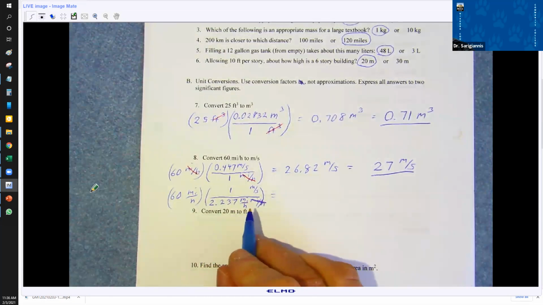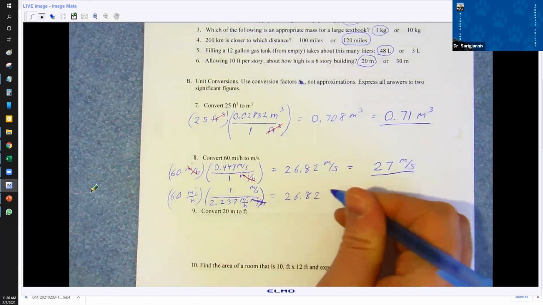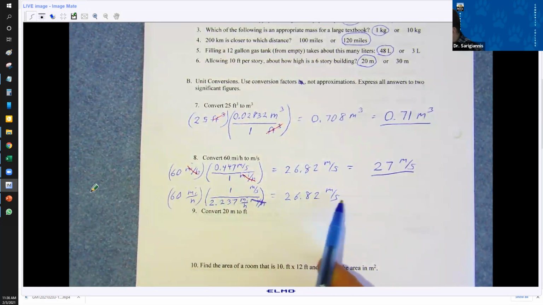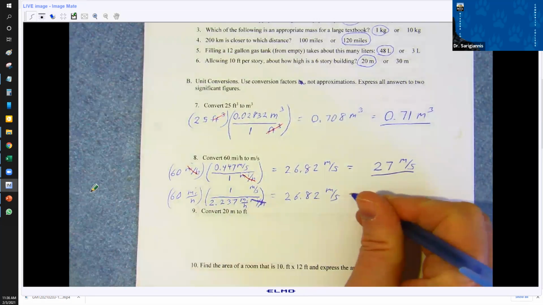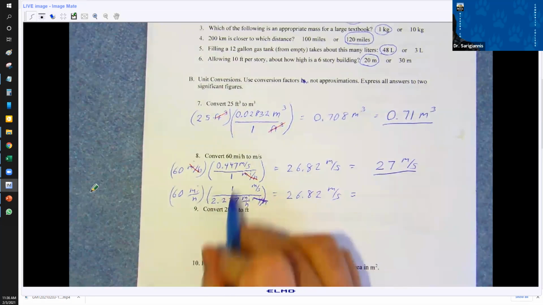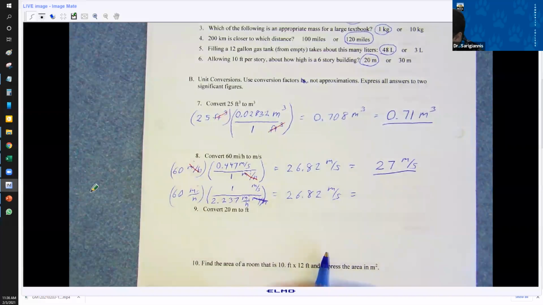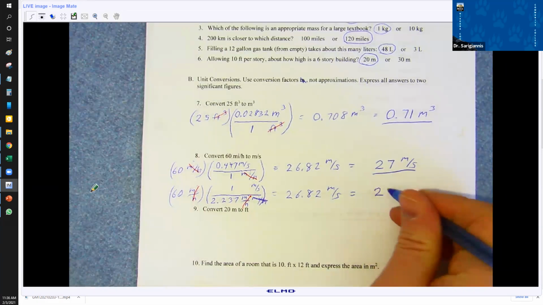Now, if I do the math on this, I also get 26.82 meters per second. If you do this on your own in a calculator, you might find that the digits after this start to differ. That's because this is not an exact conversion factor. It's got some rounding in it. But you can see here, in both cases, you get the same answer.